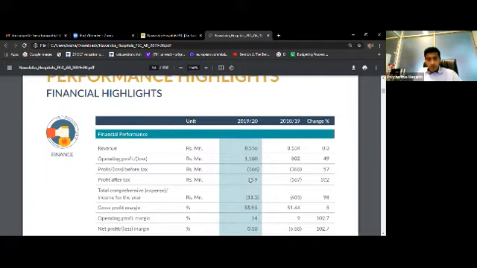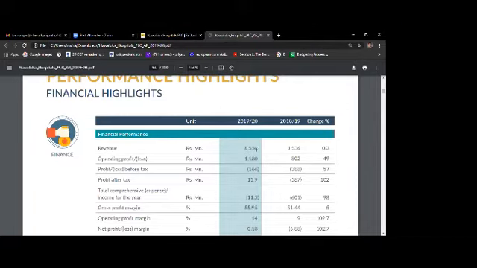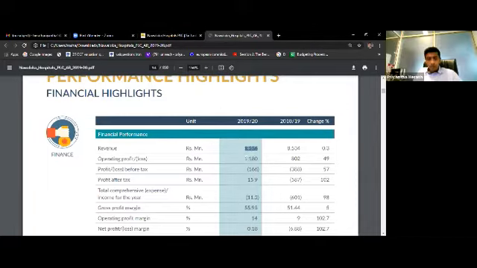Revenue 8.5 billion, first number. Operating profit 1.1 billion, and this is a loss before tax of 166 million. And profit after tax, is this a profit or a loss? Profit.